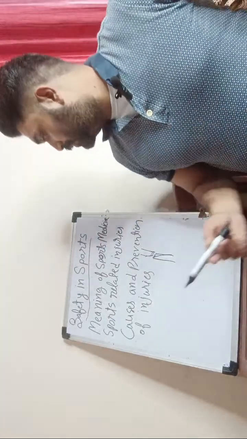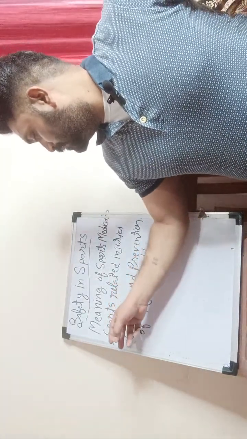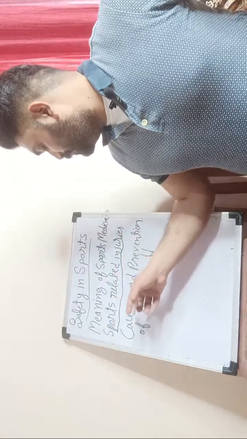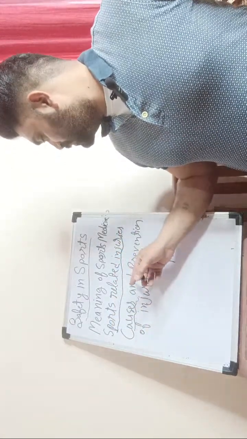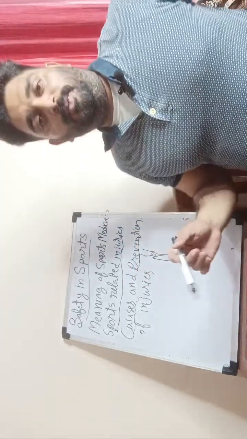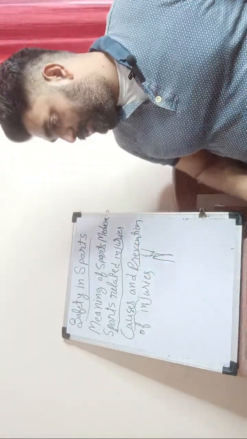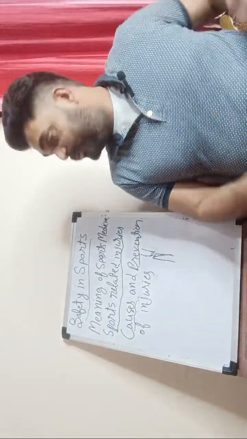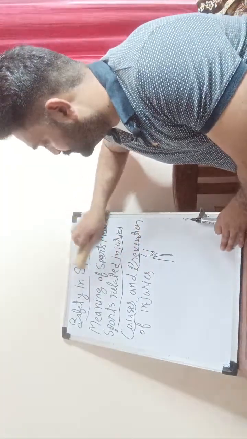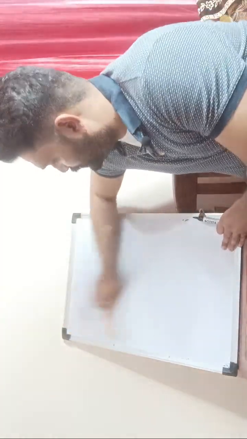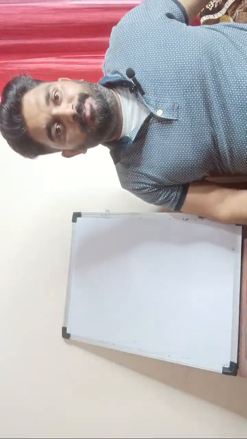So today we will discuss sports related injury. Before that, we should know the causes and the preventive steps of sports related injuries. So first of all, I will add some points.